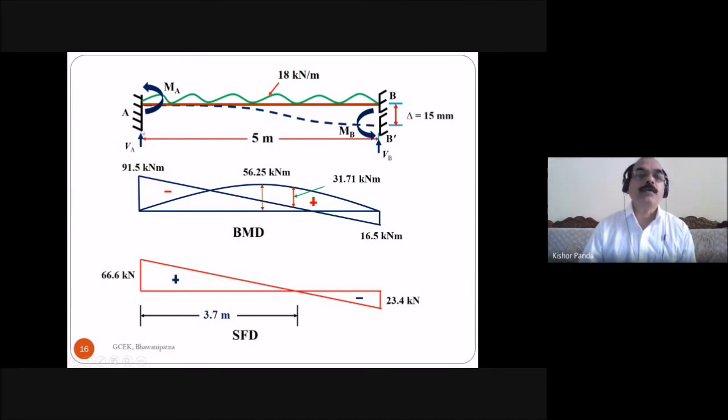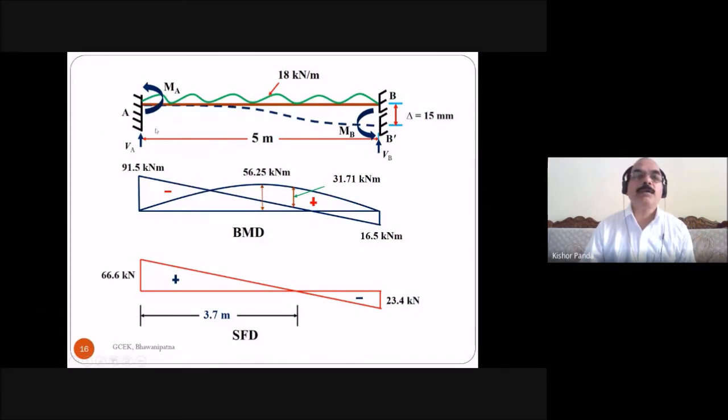First you find out by taking moment about A. MA is anti-clockwise, and MB is anti-clockwise, and due to this UDL the moment is clockwise, and due to this reaction the moment is anti-clockwise.